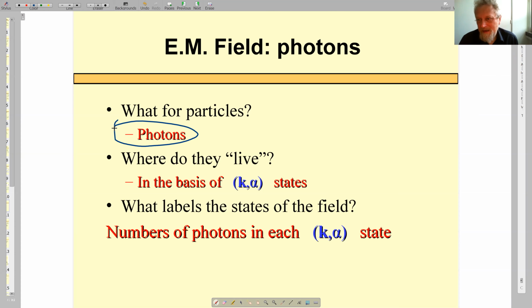Good. Where do they live, where are they situated? There is an index which labels all these particles. They live in the basis of all oscillator modes. And for the electromagnetic field, there is an index which is composed from the quantized momentum of a particle and... control question. What is this?